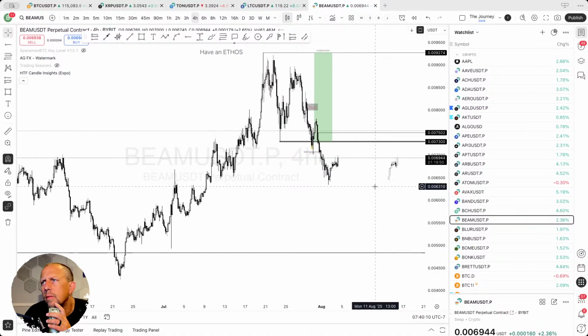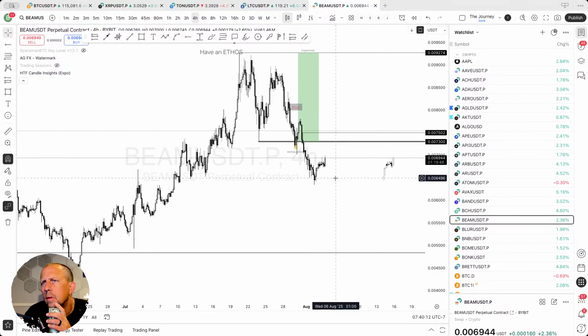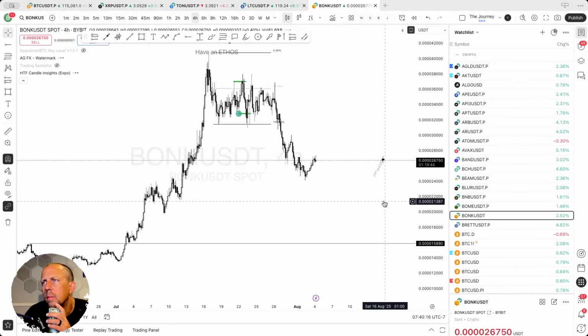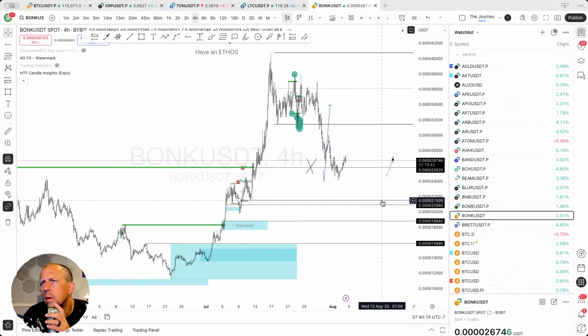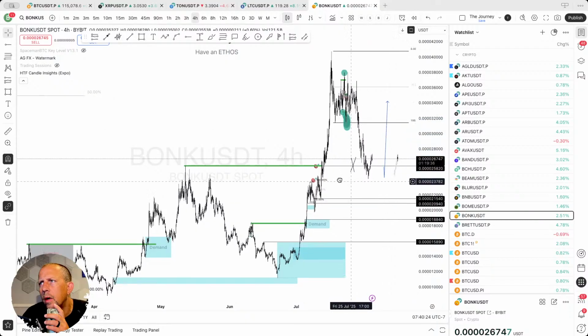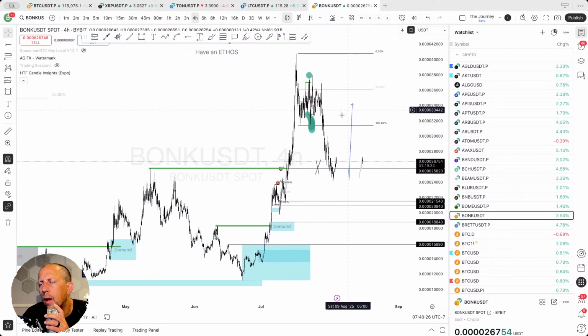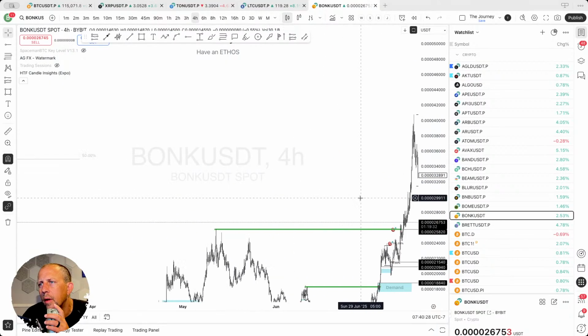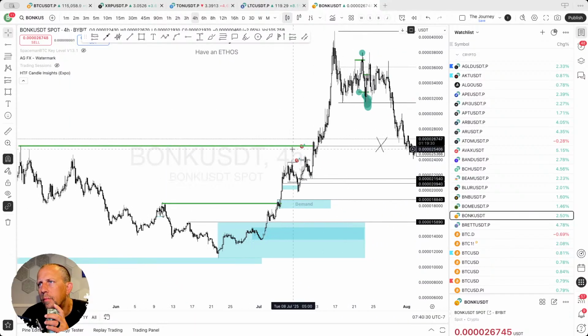Beam, how are we doing over here, dude? Bonk. Bonk retesting its prior swing high.